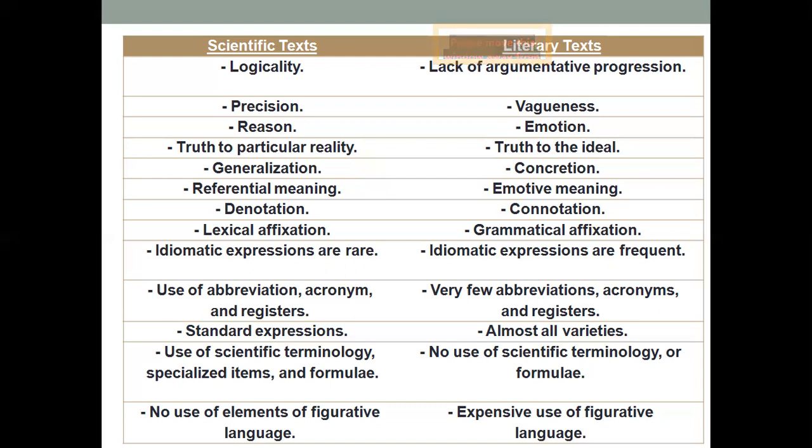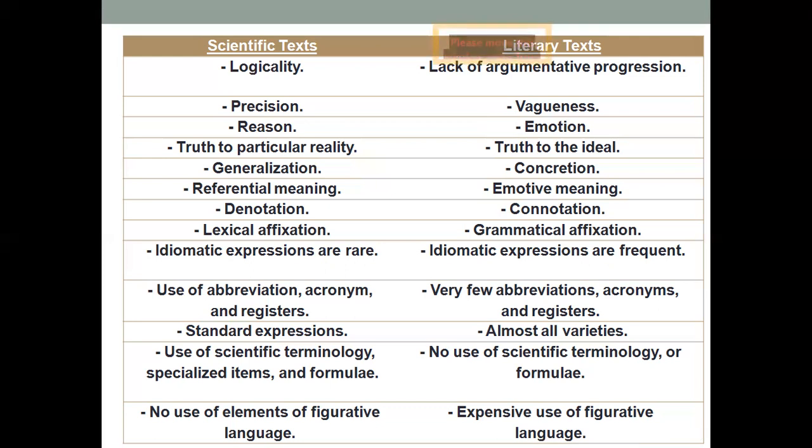So usually we have a logical explanation of a certain scientific item or a certain scientific issue, and also we have an argumentative form. We have the ones who support this issue, and we have the ones who do not support it. While in literary texts, we have a lack of argumentative progression.